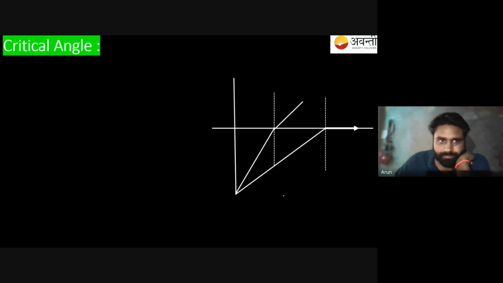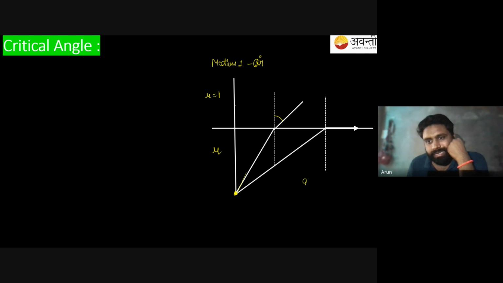Now, what is the critical angle? How do we calculate it? Firstly, the ray is coming from a denser medium with refractive index mu and going into medium 1, with refractive index 1. I would consider medium 1 as air and the other as glass.